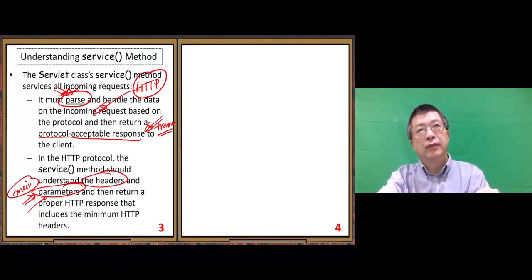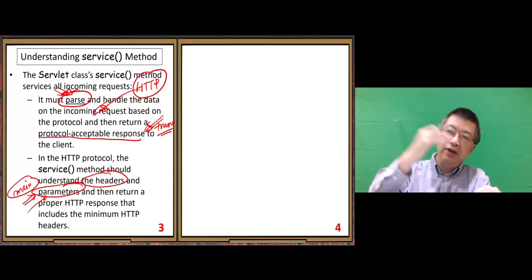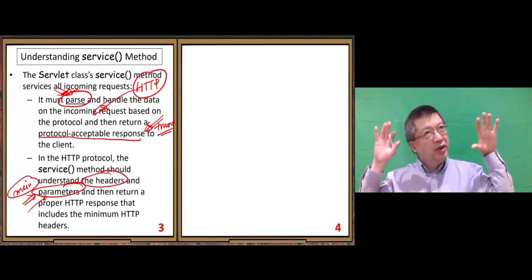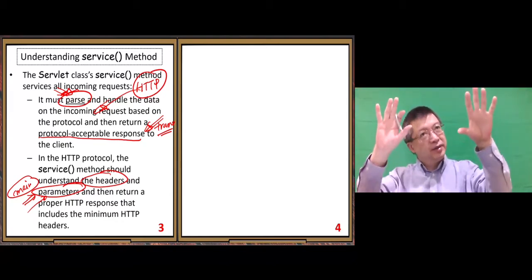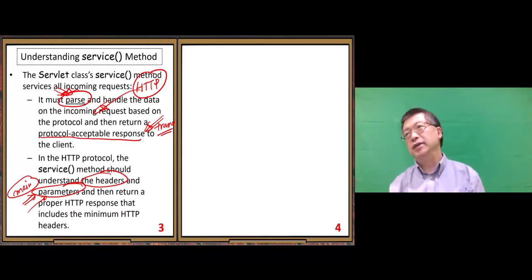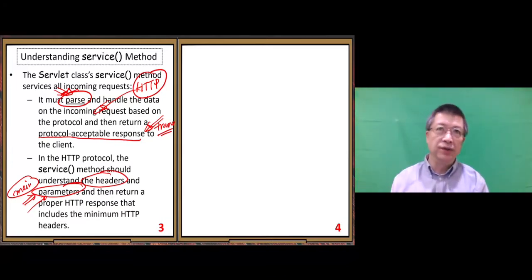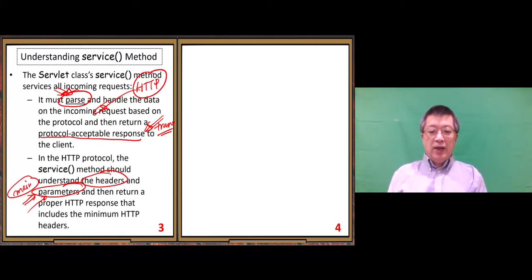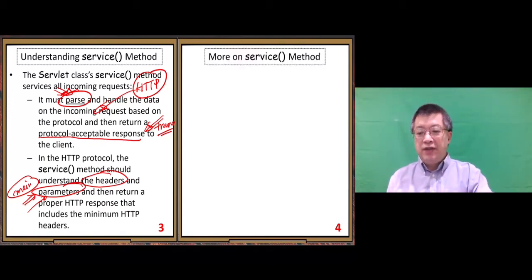Content type, right? We learned that before. You need to specify the content type. That is the minimum requirement. Then you may want to return some business data to the client, whatever you want to include.